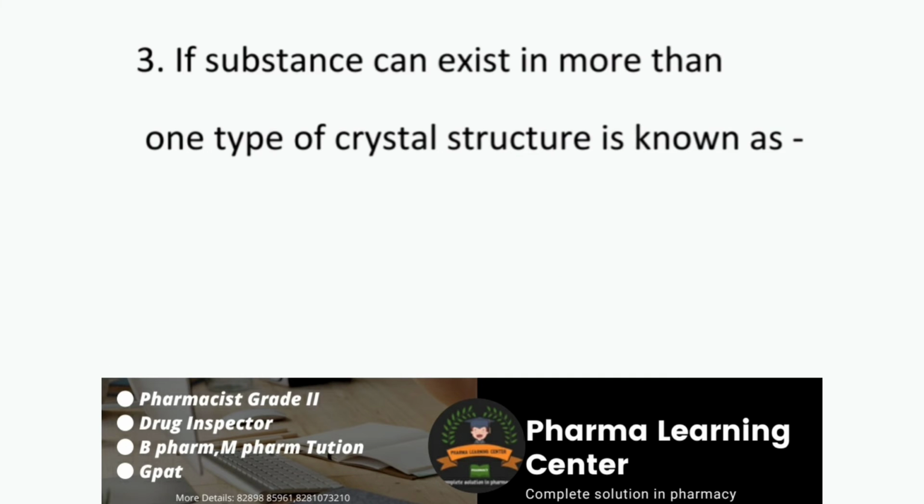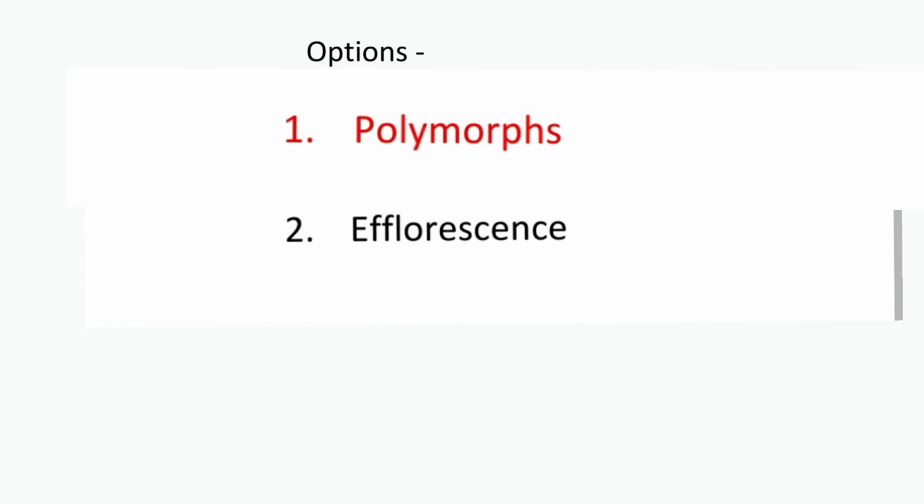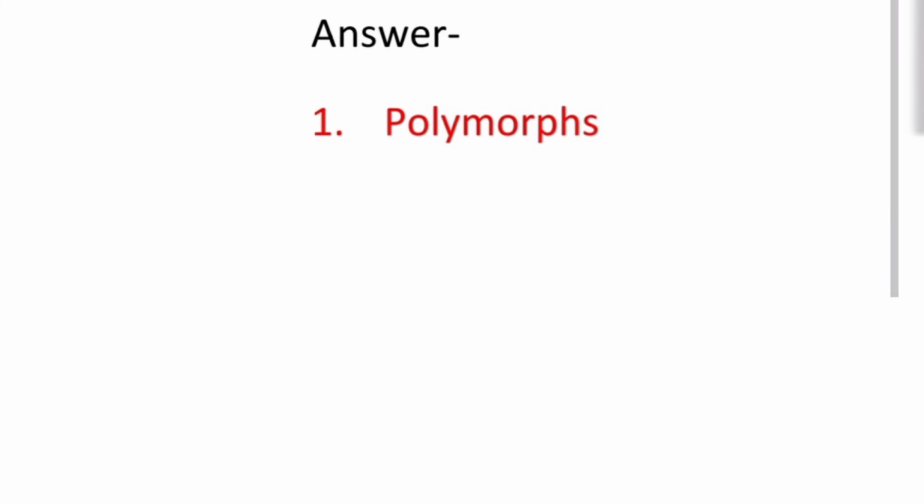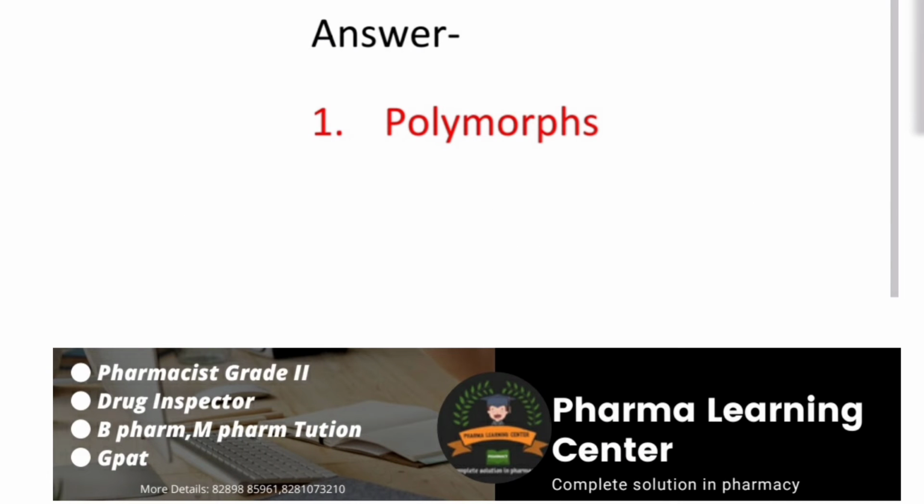Then coming to the third question, if a substance can exist in more than one type of crystal structure, it is known as option A polymorphism, option B efflorescence, option C exsiccation and option D deliquescence. The answer is polymorphism.